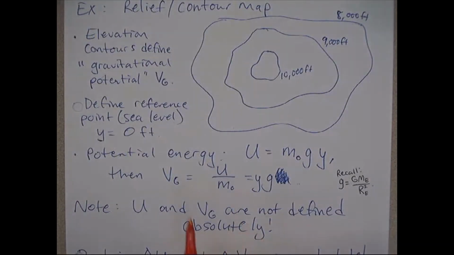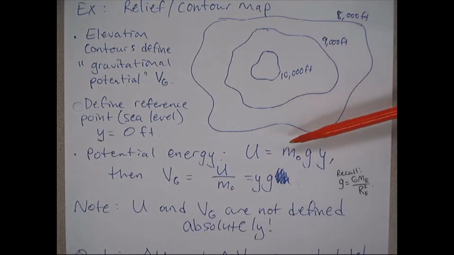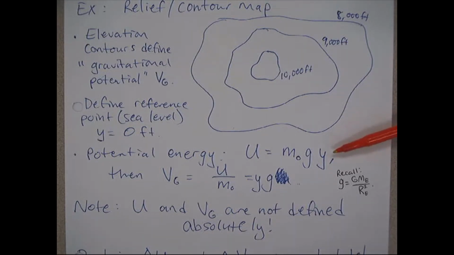If we've previously expressed our potential energy for gravitational problems as mgy, again, y is your height above the reference, then the potential energy per unit of mass, you could pretend this is a test mass, similar to our test charge, little m0, divide out the mass, and you get an expression which is y times g, or height above sea level times the gravitational acceleration.